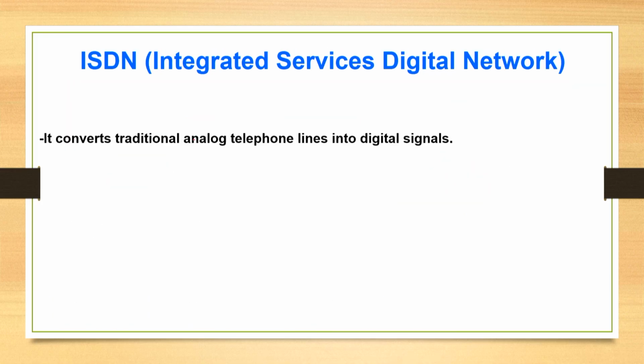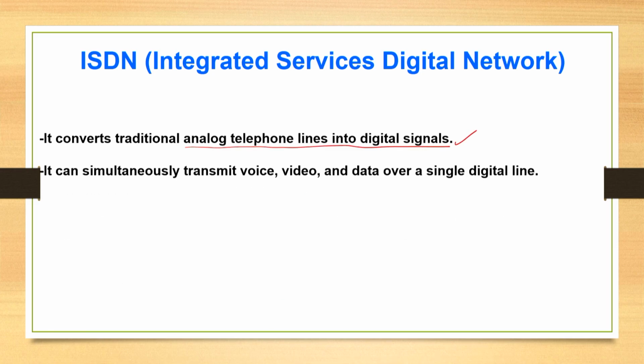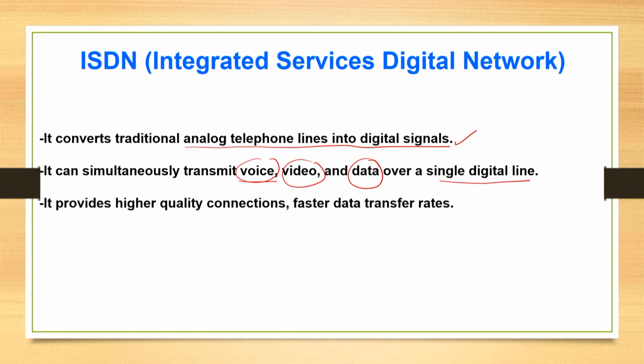It converts traditional analog telephone lines into digital signals. It can simultaneously transmit voice, video and data over a single digital line. And because of that, it provides higher quality connections and faster data transfer rates.